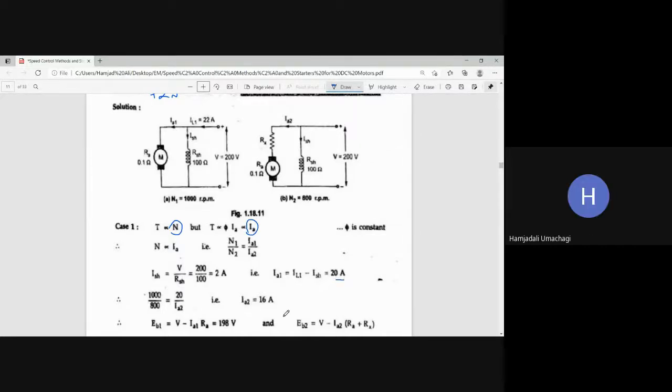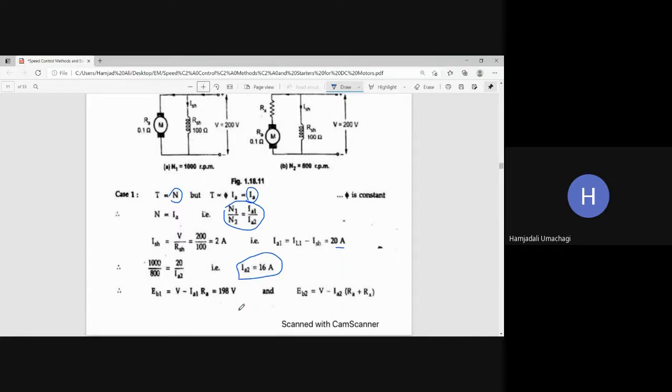And now make use of this formula. N1 by N2, N1 is 1000, N2 is 800, IA1 is 20 and IA2 calculate. So IA2 is equal to, on solving, you are getting 16 ampere. This is the armature current when speed has been reduced from 1000 to 800 RPM, provided torque is directly proportional to the speed.